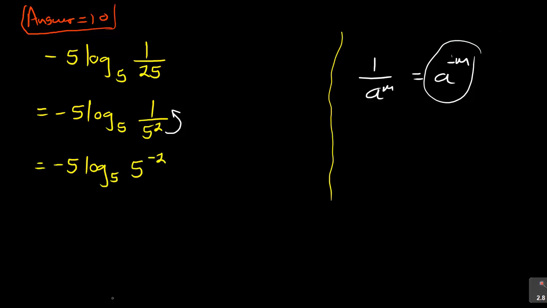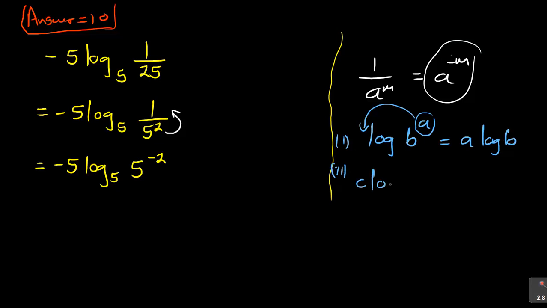That's the first part. And then when I'm dealing with logs, again, there is a law of logarithms which says if I'm given log, just say b to the power of a, just like that. Now this particular a can drop down so that it becomes a log b. That's the first part, number 1. Number 2, what if there is already c log b to the power of a?